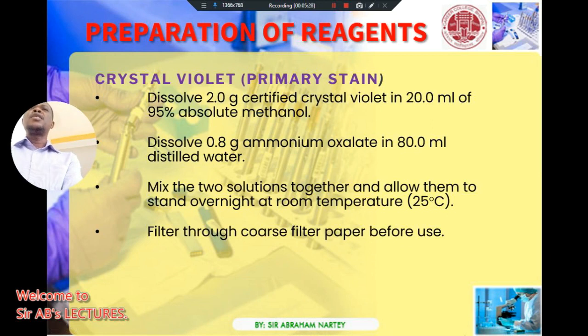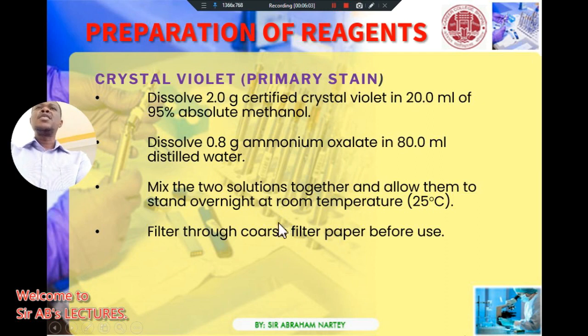After allowing it to stay, you filter through coarse filter paper before you use it. As a technician, you must know the reason why you are supposed to filter. The crystal violet was in solid form, and the ammonium oxalate was also in solid form before we dissolved them in the various solutions.